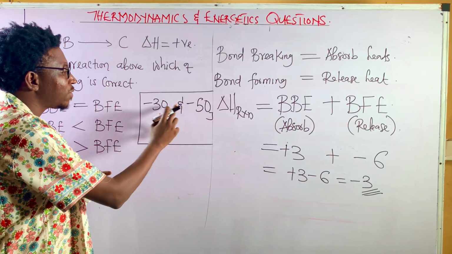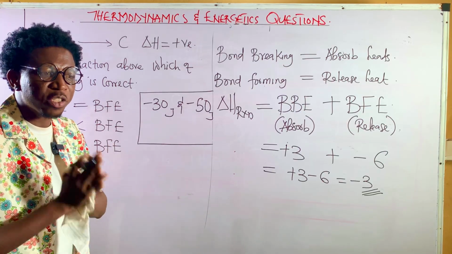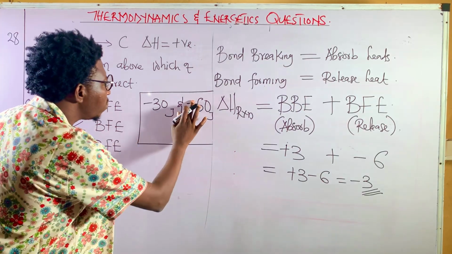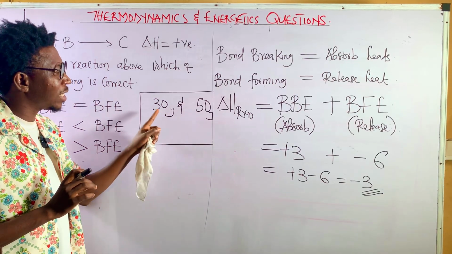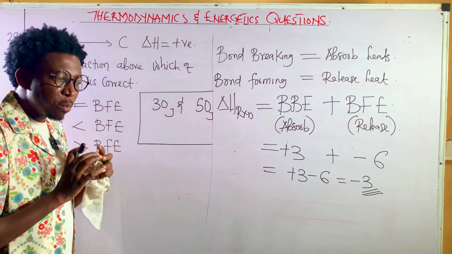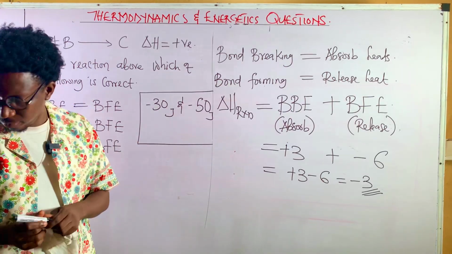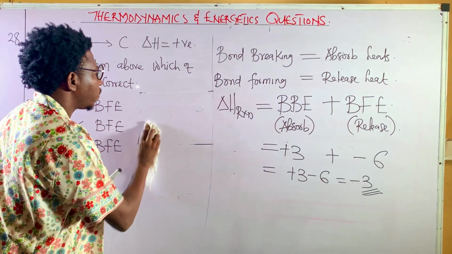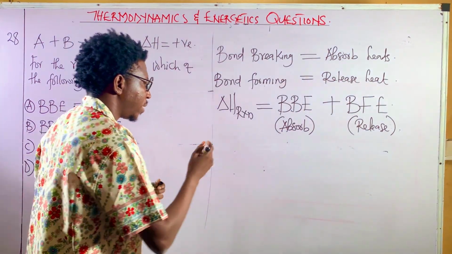No, the negative sign here does not affect the magnitude. The negative sign just means that heat is released. Remove the sign now. Who is greater? 50 joules is greater than 30 joules, to show that these heats are not absorbed but released. That's why I'm putting this minus sign. Take note of that.